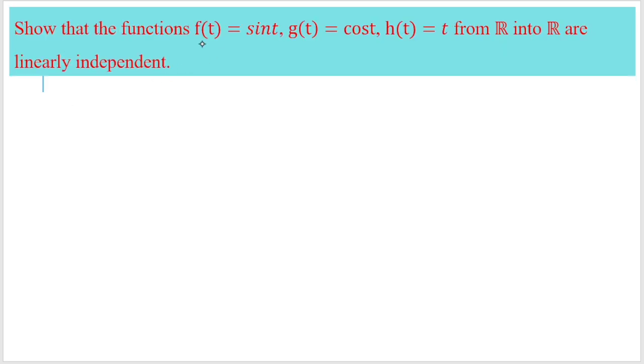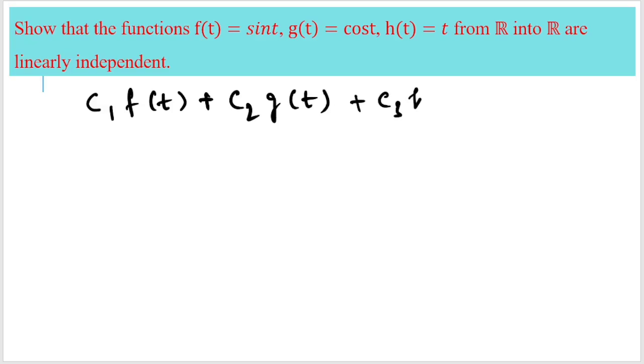Now for these functions f(t), g(t) and h(t), we have to show that they are linearly independent. Again, we will take the linear combination, which will be equal to the 0 function.